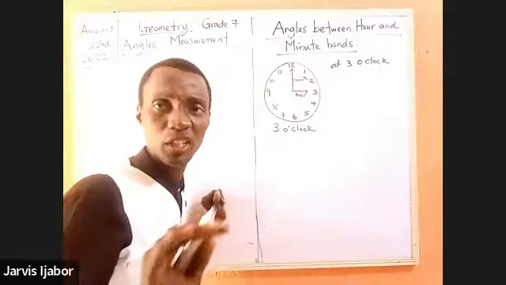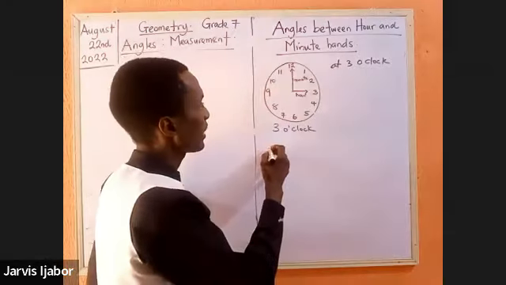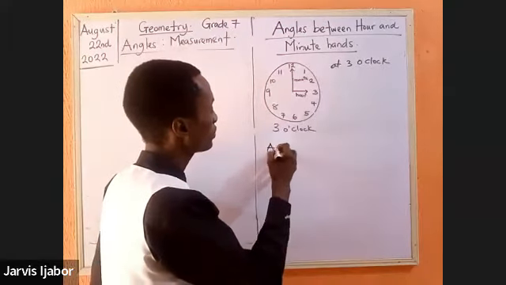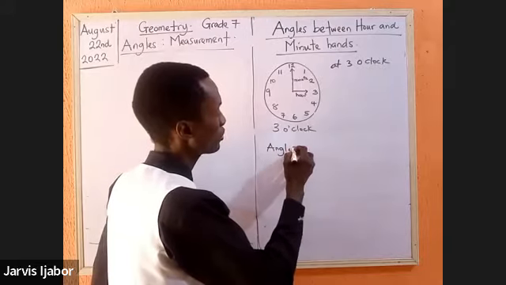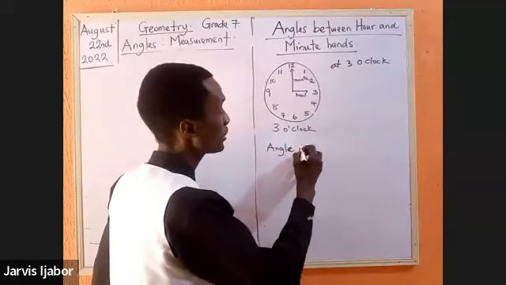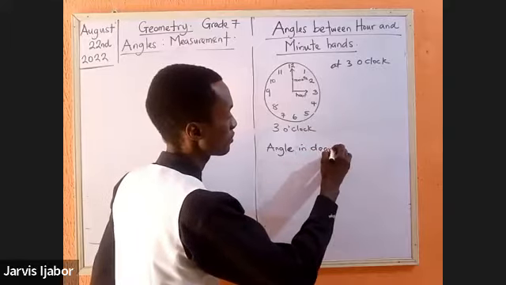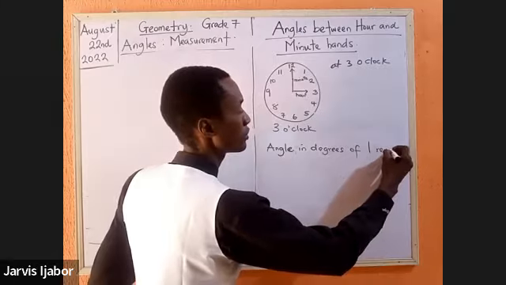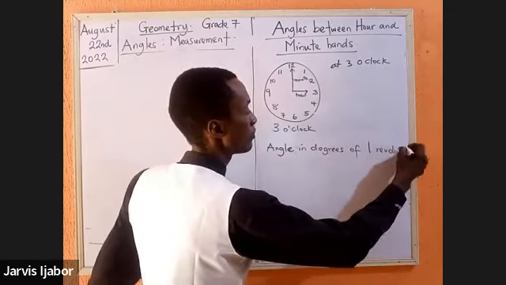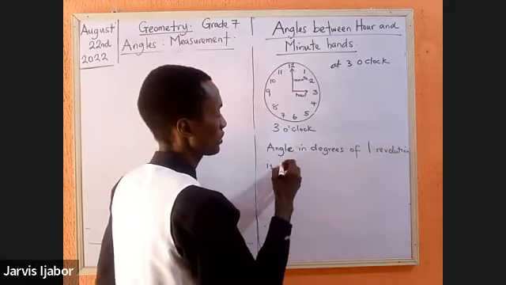Now, we're going to do something interesting. We know that the angle in degrees of one revolution is what? 360 degrees.